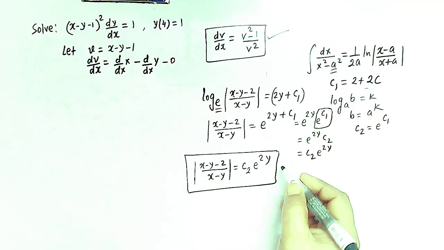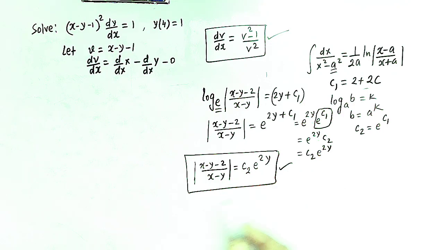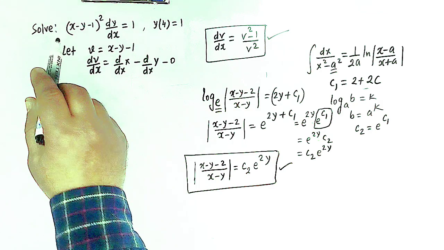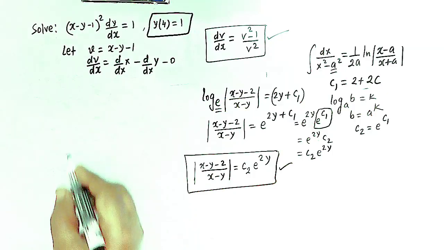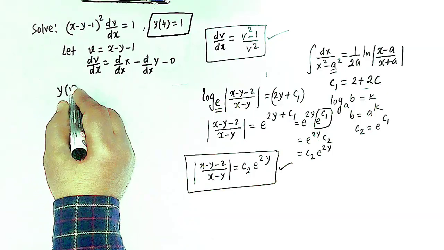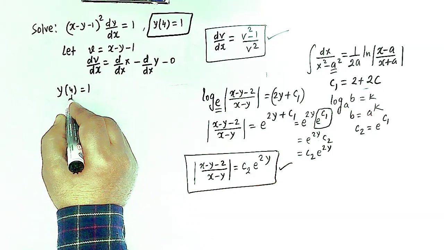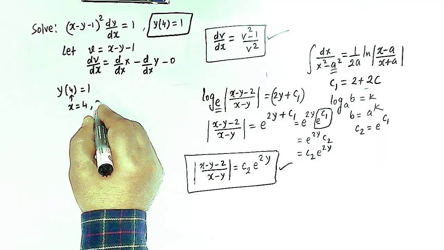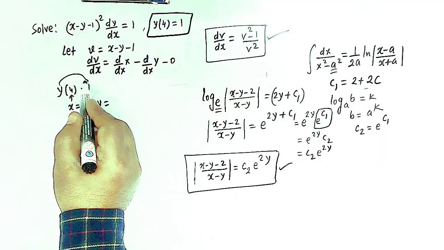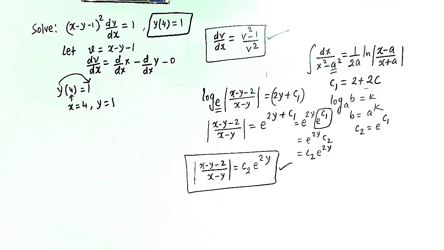So now with the help of this general solution, we can find out the particular solution of this differential equation when we are given this condition, that is y of 4 is equal to 1. So we have x is equal to 4 and y is equal to 1, right?